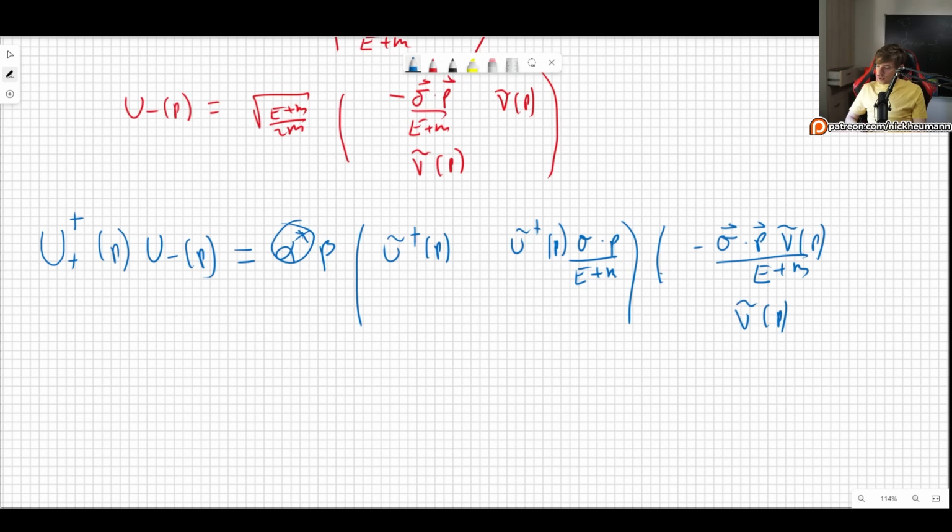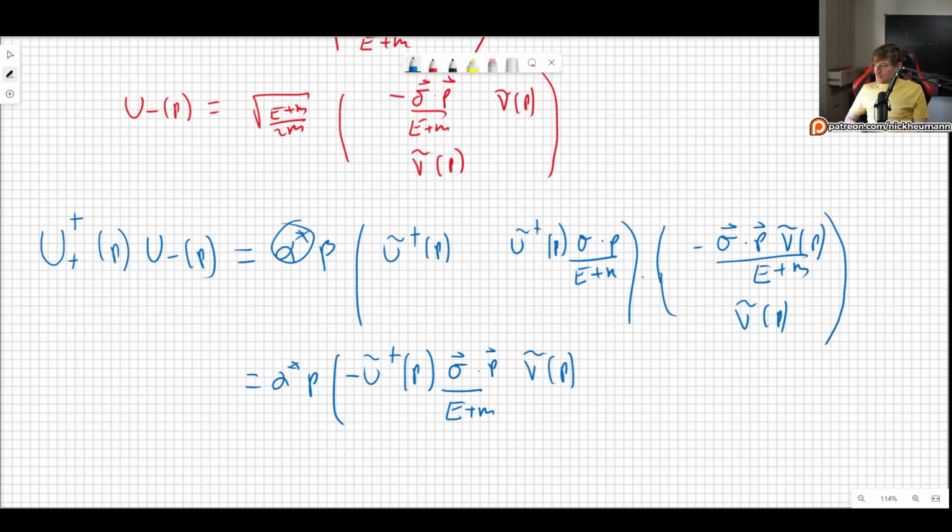All right, so if we multiply this, we get alpha conjugate beta. Then we have u tilde Hermitian of p, and then times a minus sigma dot p divided by E plus m, v tilde of p.